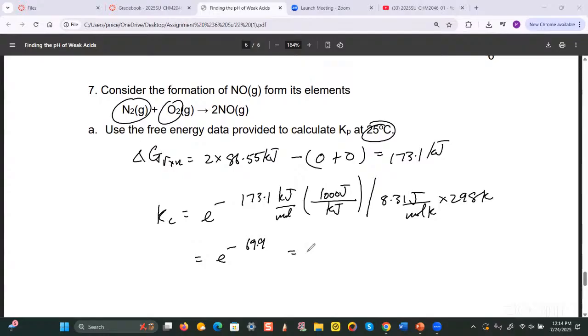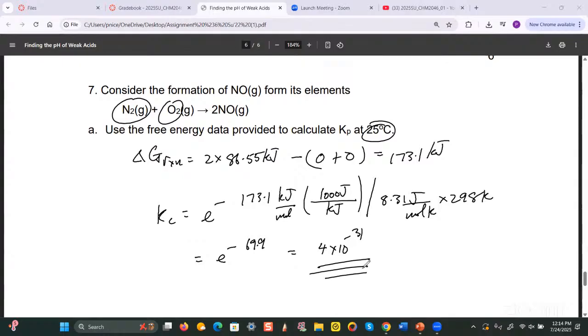So let's see what that gives. 69.9 negative, shift that. Okay, so according to my calculation, this works out to be 4 times 10 to the minus 31. And that's how that is done. All right. Any questions about this one? Any questions? Okay, so that's the A part.